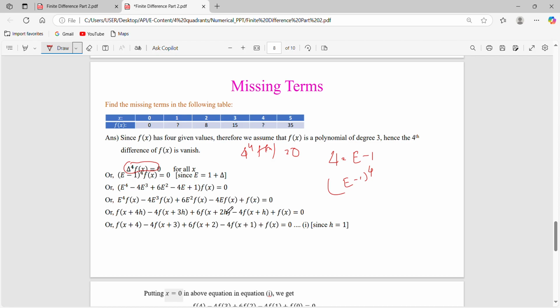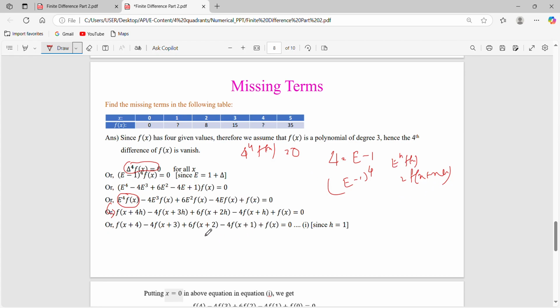In this way you will use the formula. And how to get from this one to this one? We know that E to the power n f(x) equal to f of x plus nh. In the same way, according to the value of n, this n is changeable.